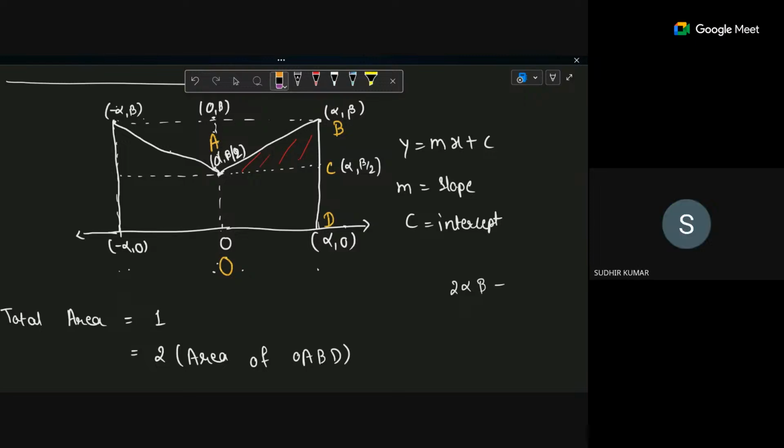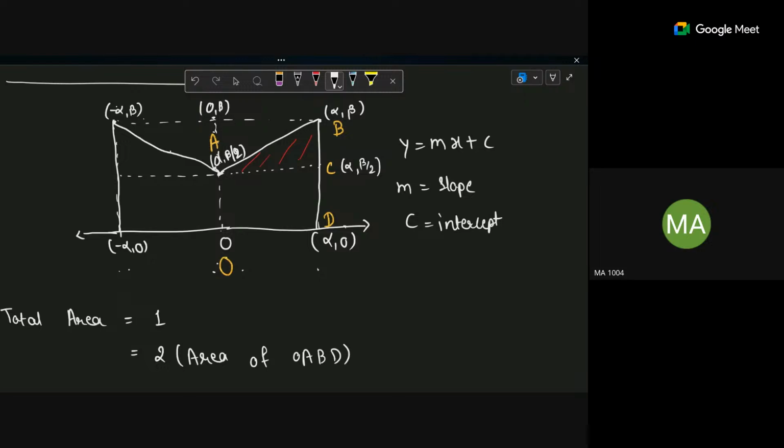Easier. Like he's saying to calculate the whole area of the rectangle, whose length is 2 alpha and breadth is beta. Twice alpha beta will be your area of the rectangle minus that upper triangle, where height is beta by 2 and base will be twice alpha again.